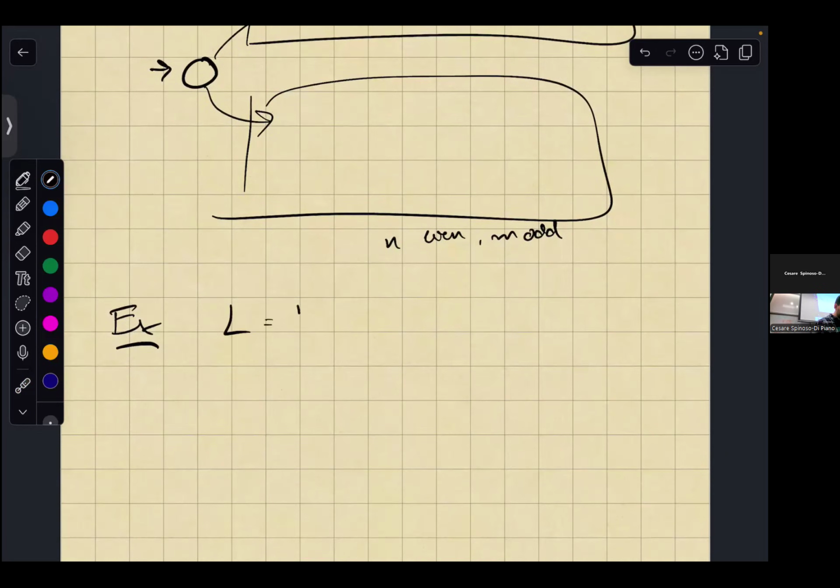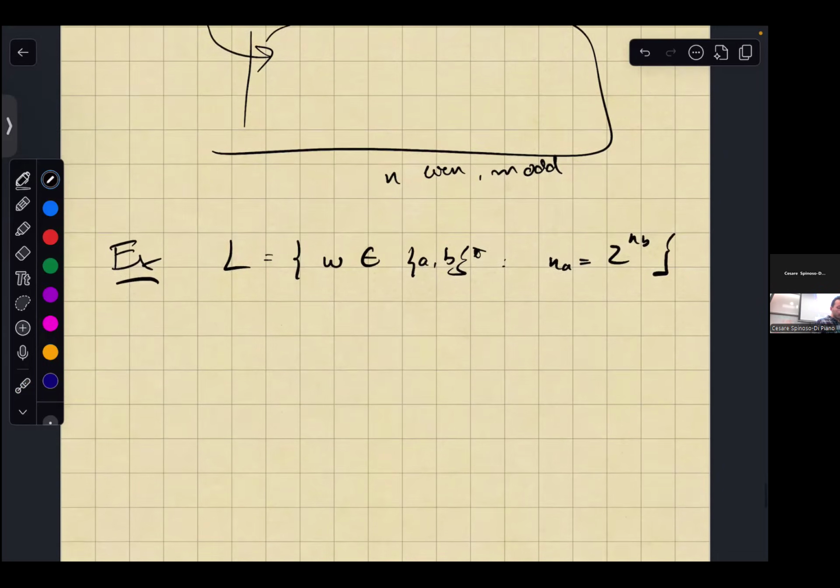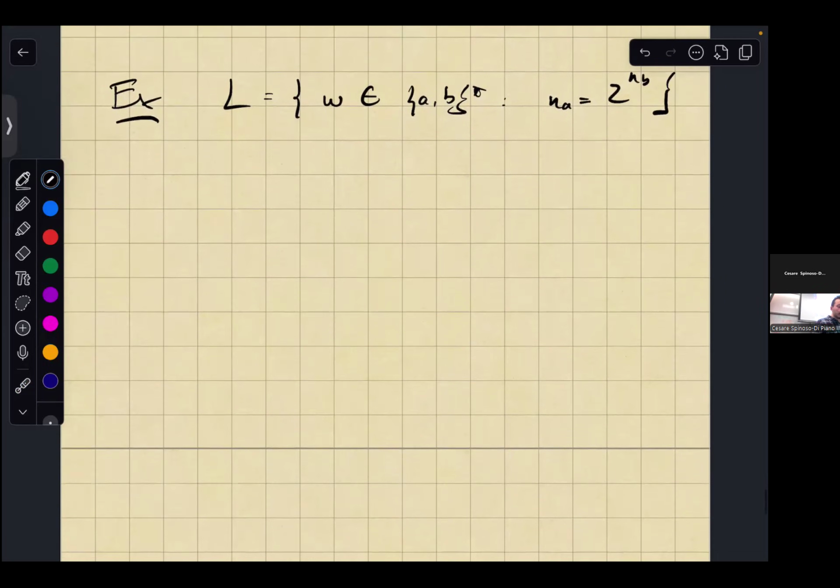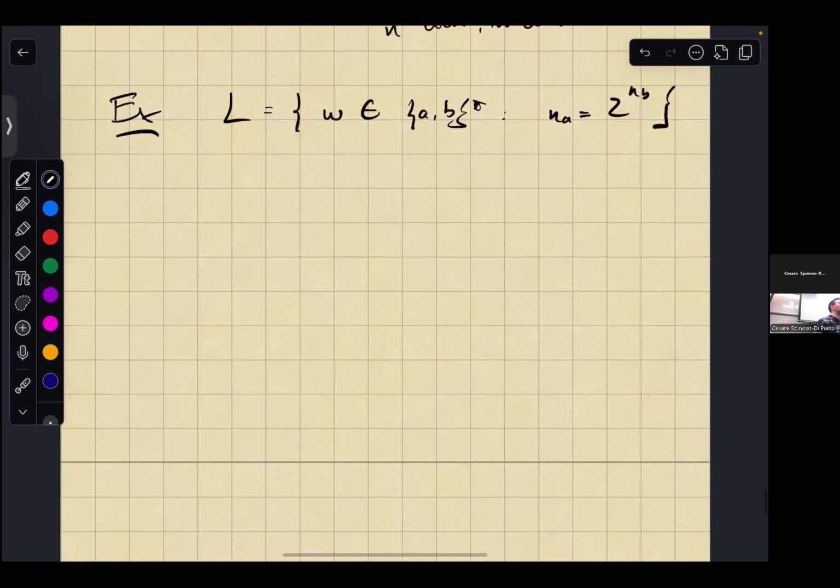Except that the language is going to be W in {a,b}*, where the number of A's is equal to 2 to the power of the number of B's. In this case, I'm just going to tell you that this is unlikely to be even context-free. So this is not going to be context-free.